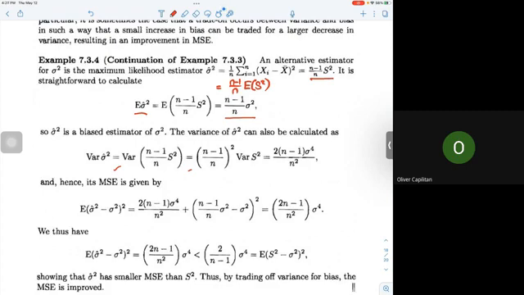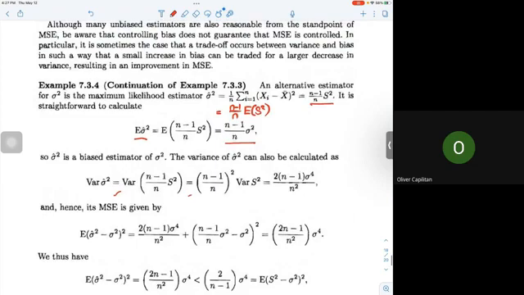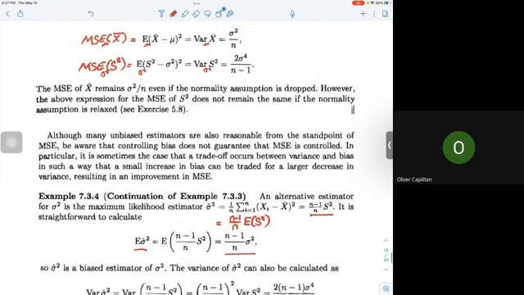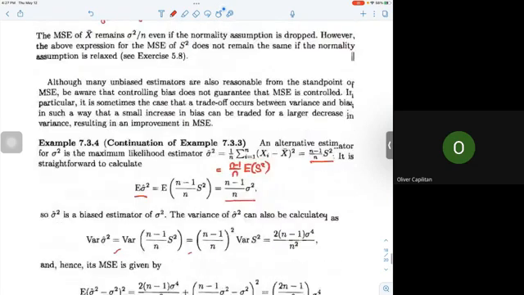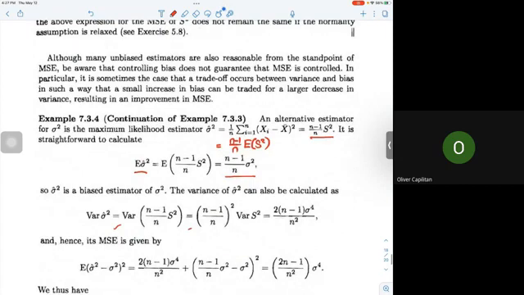Using the variance of S square above, 2 sigma square over n minus 1, the n minus 1 cancels out, so only n minus 1 remains above, and n square remains in the denominator, because this is equal to 2 sigma square over n minus 1. This cancels here, so that is what remains. Okay?